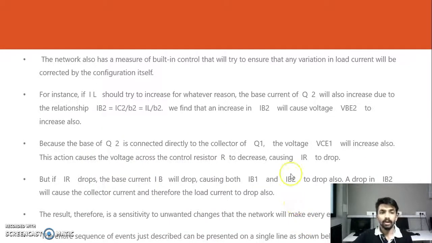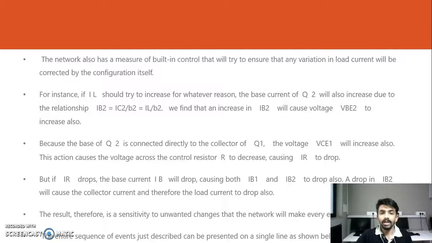The network also has a measure of built-in control that will try to ensure any variation in load current will be corrected by the configuration itself. For instance, if IL should try to increase for whatever reason, the base current of Q2 will also increase due to the relationship IB2 equals IC2 divided by beta2.